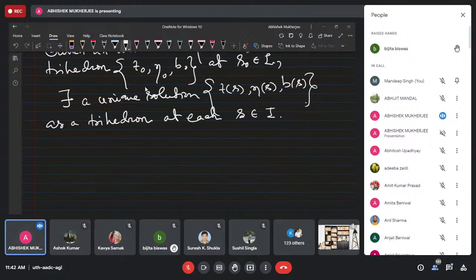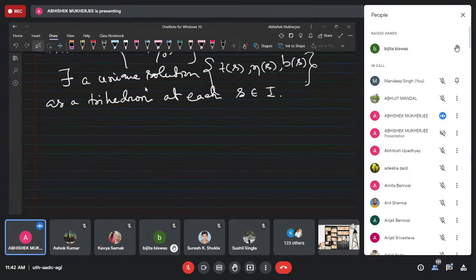Okay. So positively oriented means whenever you are changing the basis, the change of basis will have positive determinant. Okay.